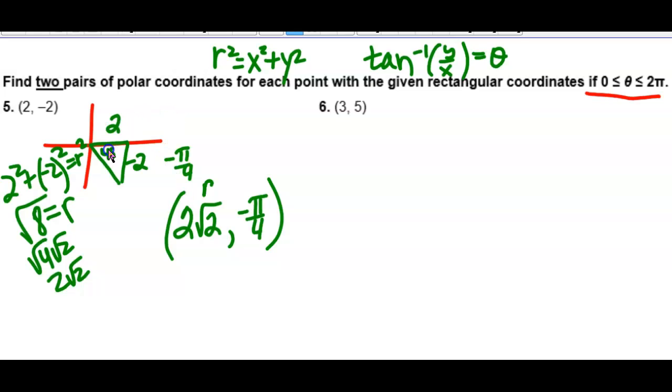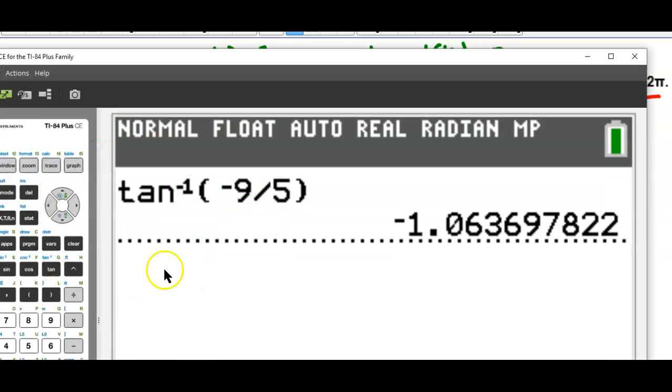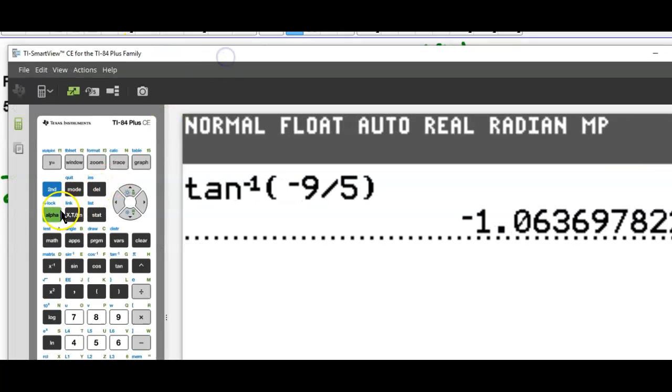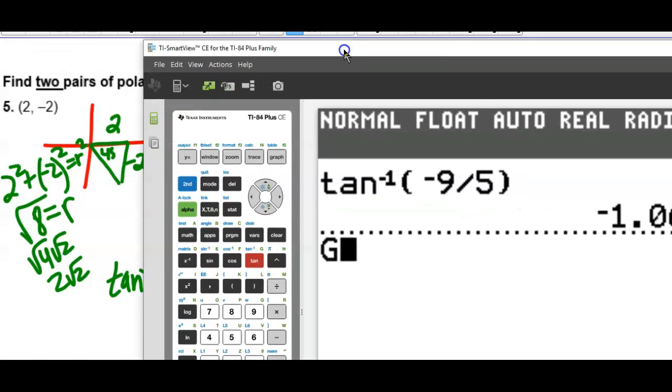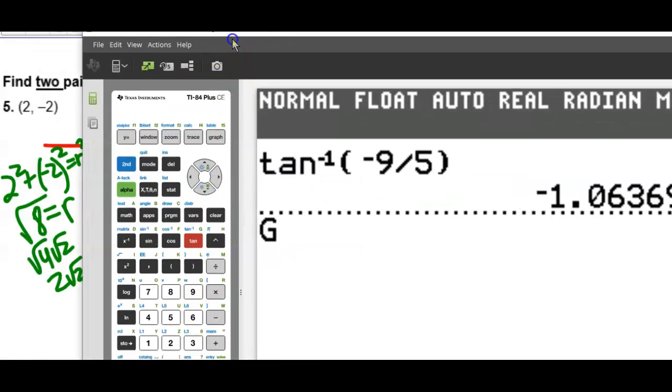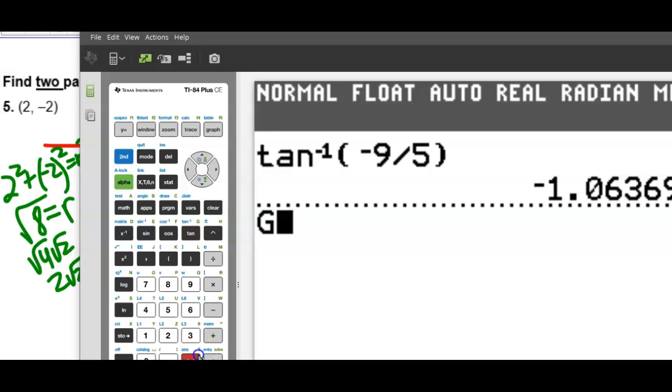When we do inverse tangent of y over x, inverse tangent negative 2 over 2.